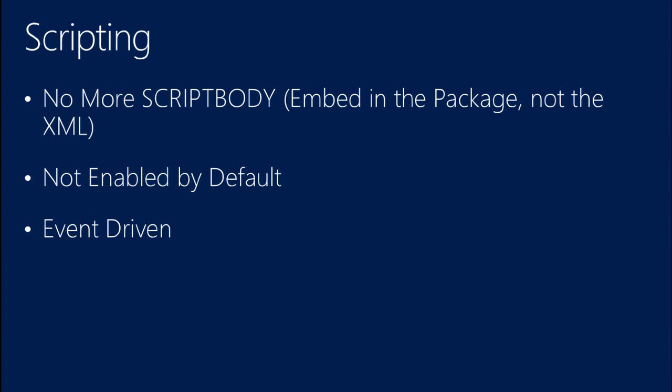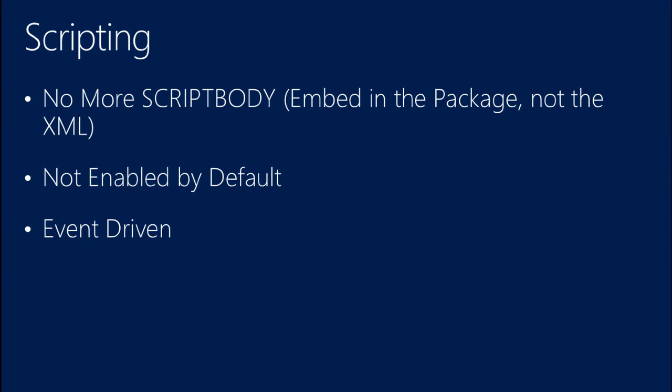You can call that scripts folder with the relative path using dynamic configuration. But also remember, they're not enabled by default. You have to enable package script support using either the registry, group policy, or the PowerShell option.